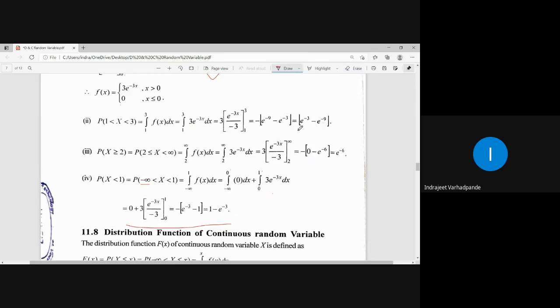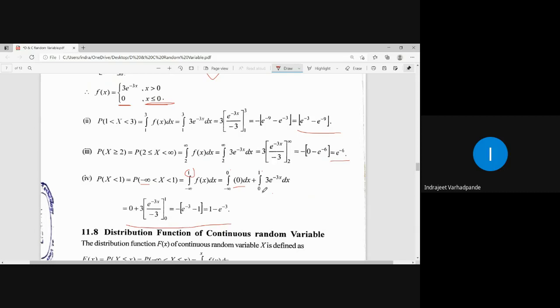So here, keep the answer as it is, e to the power minus 3 minus e to the power minus 9. Keep the answer as e to the power minus 6. And here the function will be from negative infinity to 0. The function is not defined there because for x less than or equal to 0, the function is 0. For 0, but where is our upper limit? Here it is 1.